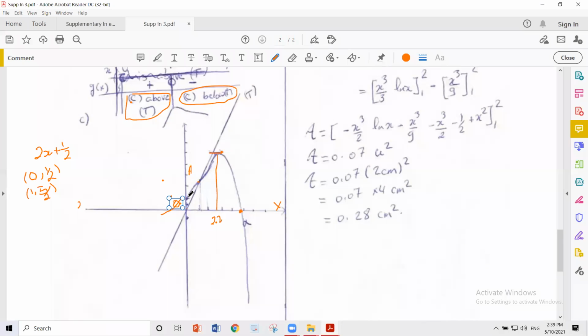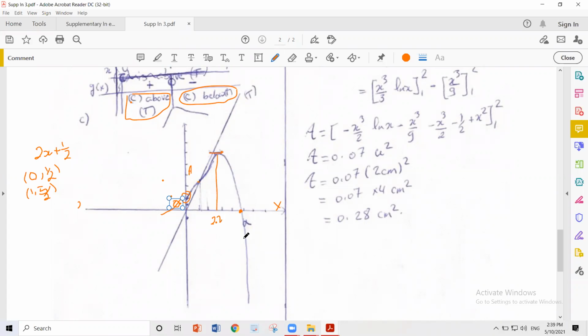Now, the curve has a limiting point 0, 1. The curve starts at 0, 1. It is tangent to the curve at A from each side, from this side and from that side, until the maximum.